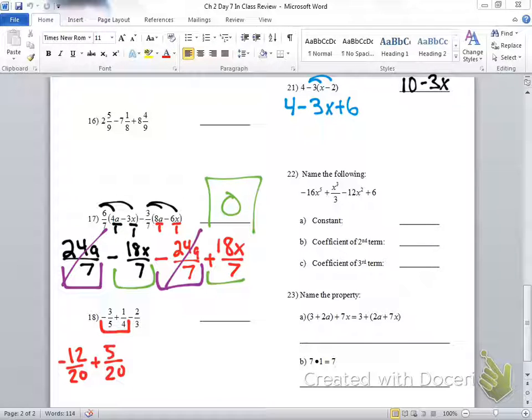Common denominator of 20, so you multiply the top one by 4 over 4, you get negative 12 over 20. And the back you multiply by 5 over 5, you get 5 over 20. Good. And then what? Make that negative 7 over 20. Okay, so that comes from right there. Everybody with me? And then you'll still have the minus 2/3.